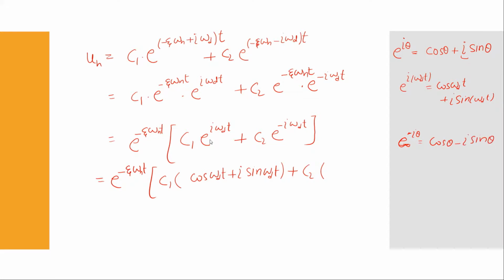This is the formula for this value, minus iota theta. So c2 into cos of omega dt minus iota sin of omega dt.